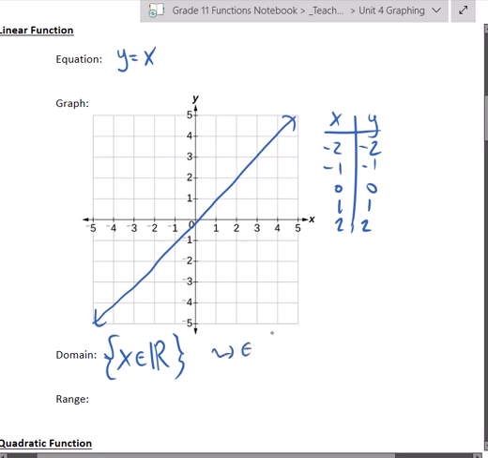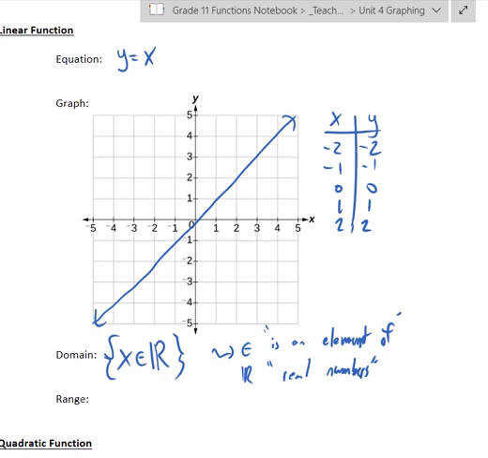So epsilon, this e, is an element of, and then this R is saying real numbers. So this is basically saying x is an element of all real numbers. x can be any number as long as it's a real number, which pretty much all numbers you are working with in this course are. It is a part of this domain.